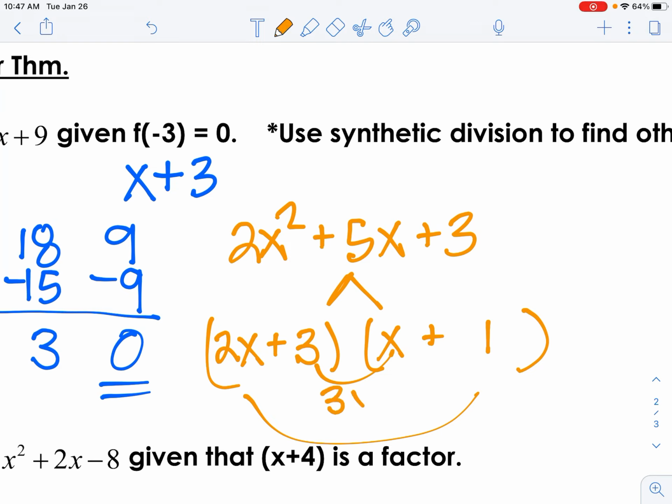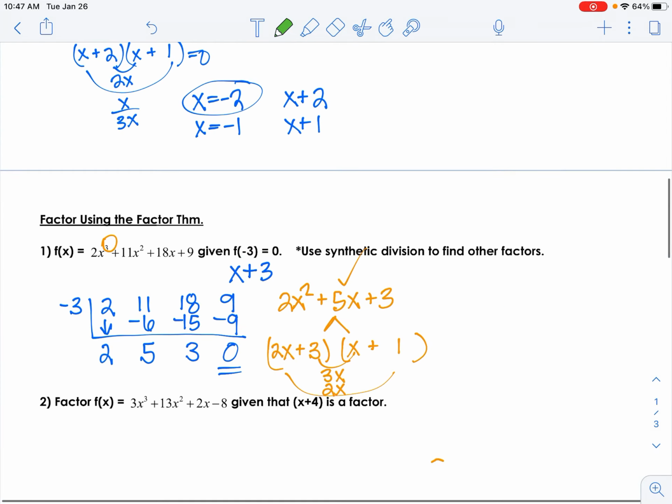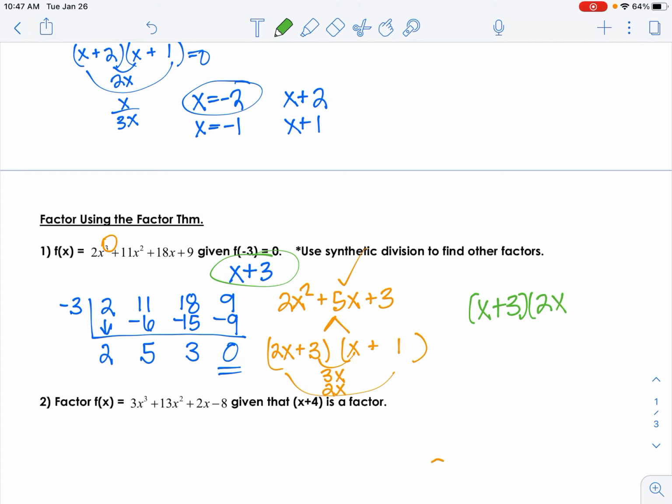Now I get on the inside 3x and on the outside 2x, which adds to that 5x. So my final answer here will be this original factor, x plus 3, then 2x plus 3 and x plus 1.